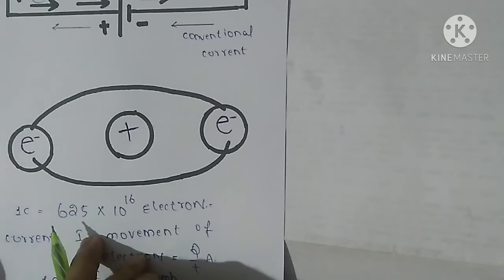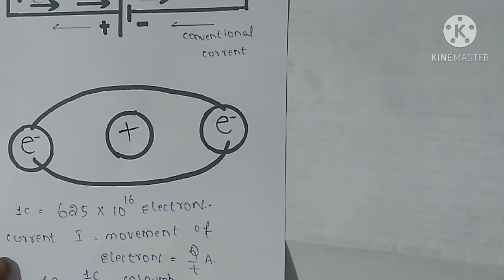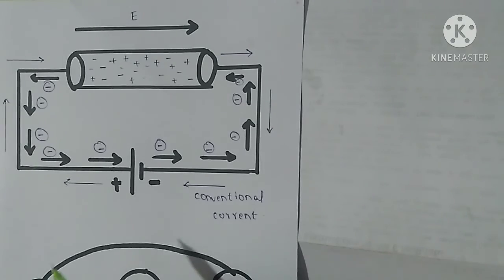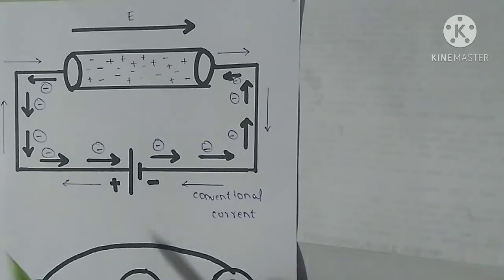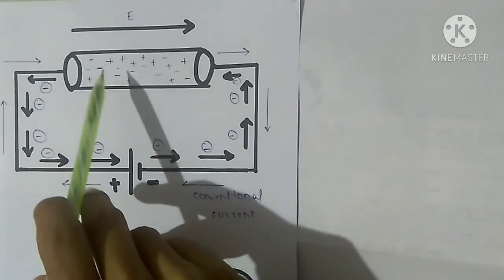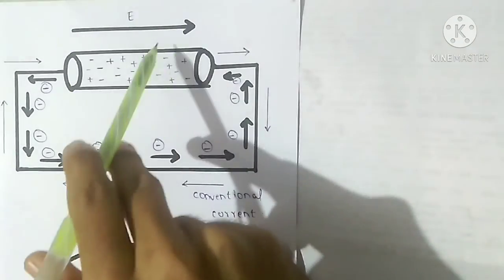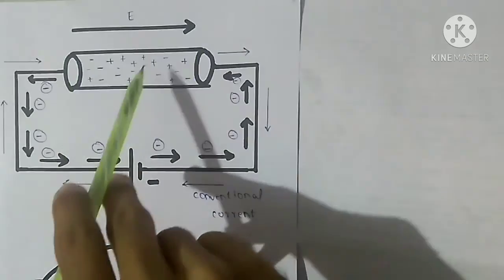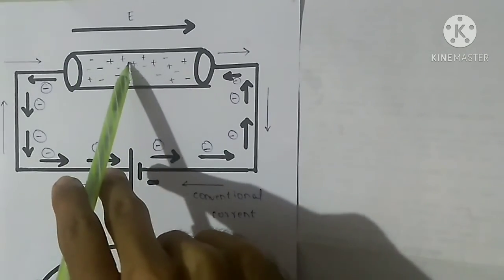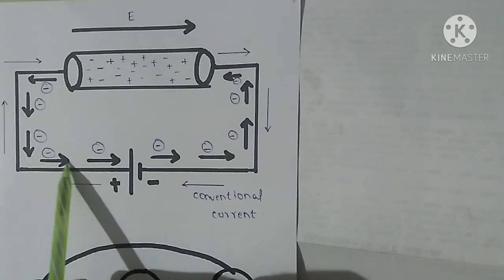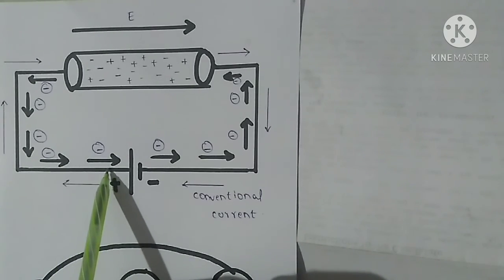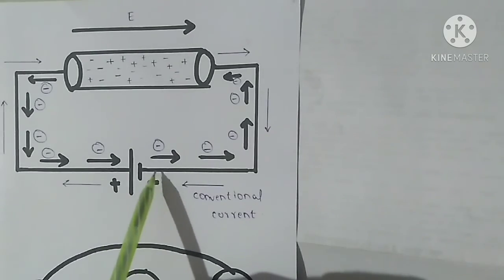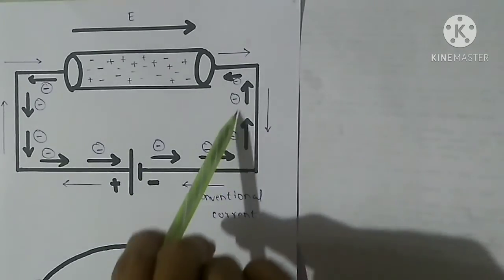It requires a certain amount of energy to move. So when we apply a certain amount of energy with the help of a voltage source, an electric field is created from left to right, which forces the electrons to move towards the positive terminal of the battery, and from the negative terminal of the battery the electrons are returned to the conductor.